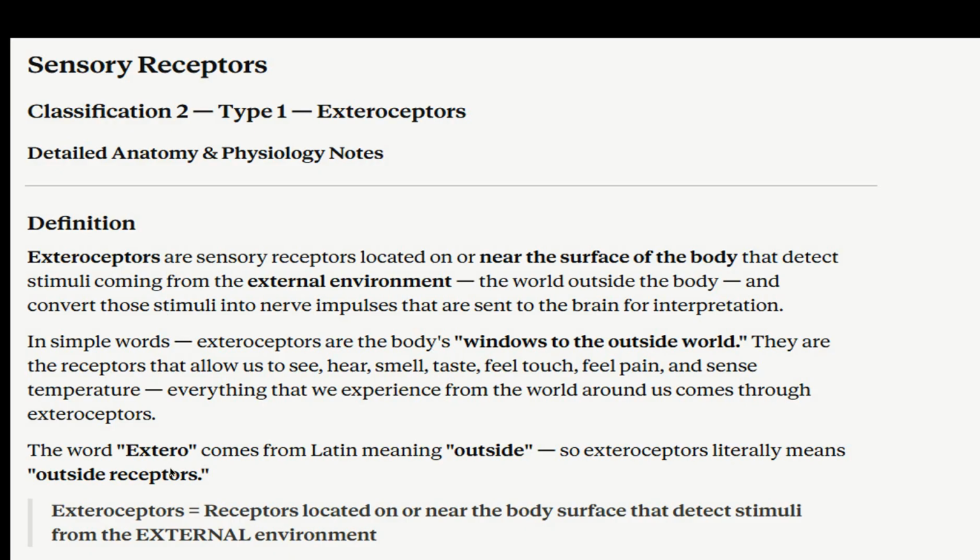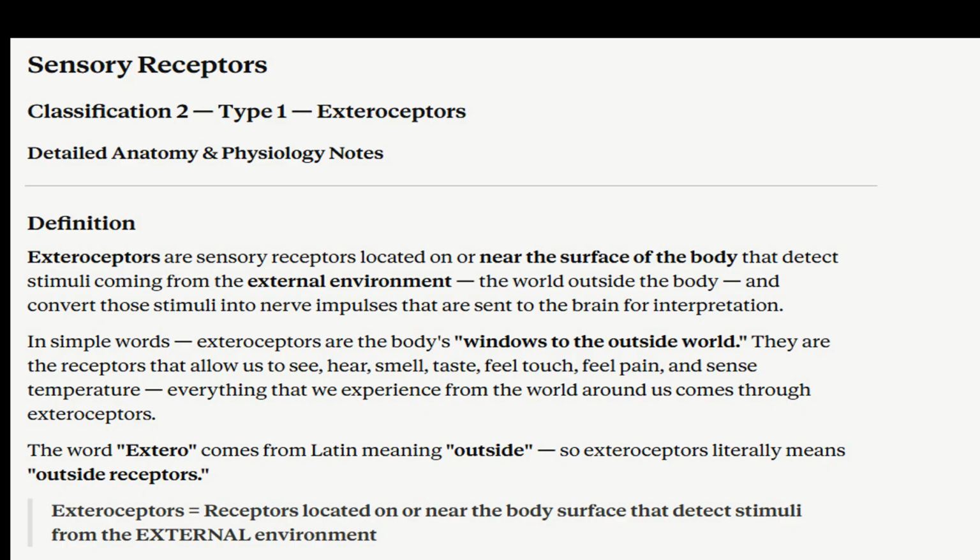The word extero comes from the Latin word meaning outside, so exteroceptors are basically outside receptors. Exteroceptors are located on the body or near the surface and detect stimuli from the external world. This is the overall conclusion about exteroceptors.